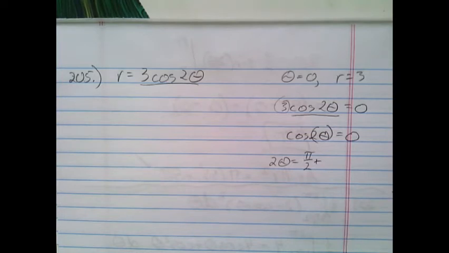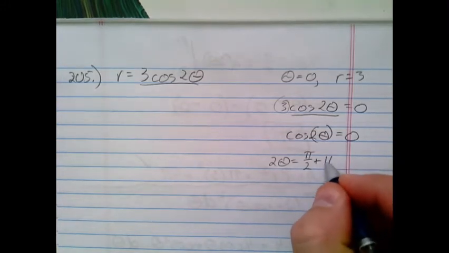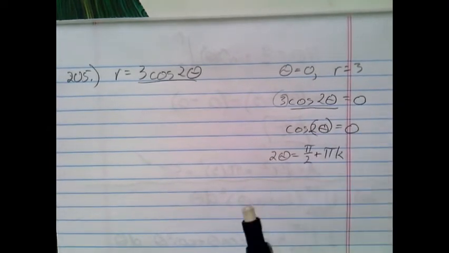Pi over 2 and 3 pi over 2 are pi apart. And if I add another pi, that would get me to 5 pi over 2, which is the same position as pi over 2. So I could just say pi over 2 plus any increment of pi. These are all things that if you plug them into cosine, you get 0. So 2 theta has to equal one of those things.